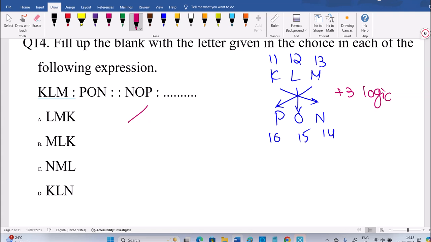Fine, that's one thought we tried. Wherever M is, they assigned it as N, and N means M. Like that they wrote it in reverse. This question was given with a simple logic: KLM, PON, now NOP written in reverse as MLK. The other type of logic may be plus 3, then we have to try plus 3 and map those. But here they simply wrote it in reverse. This also they wrote in reverse.